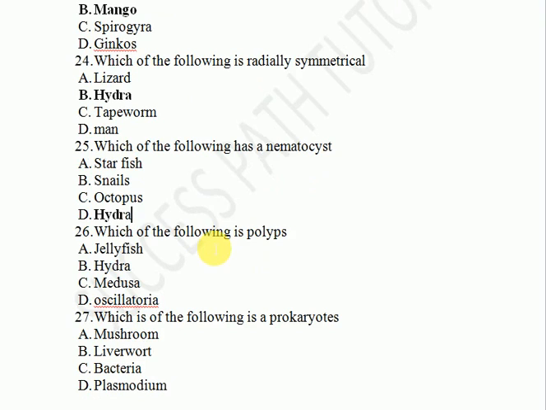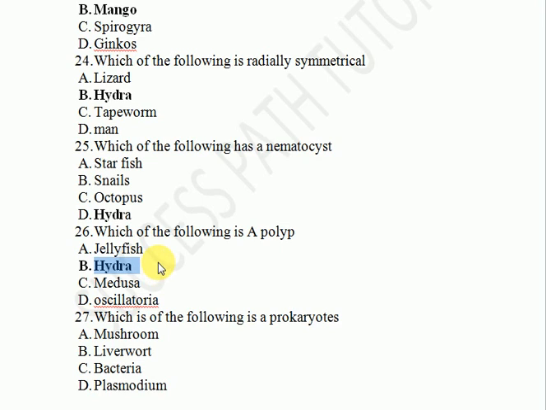Which of the following is a polyp? Alright. Polyps are cylindrical in shape, and let me say something at this juncture. Jellyfish and hydra are both called coelenterate, or better still now called cnidaria.